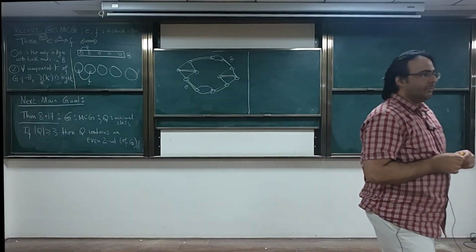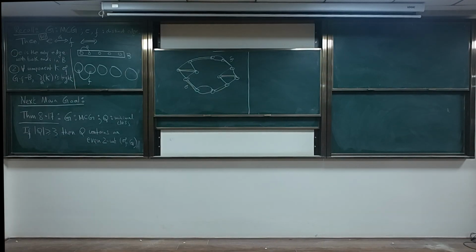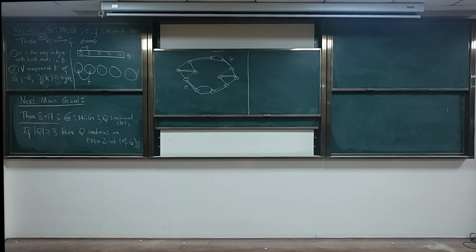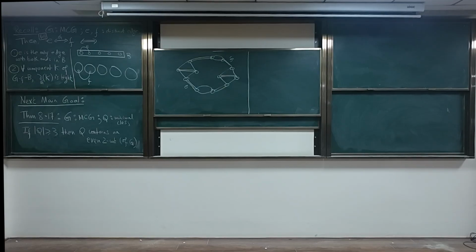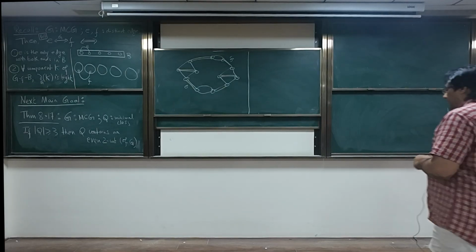What do we know about minimal classes in bipartite matching covered graphs? Singletons. Right? If there is a minimal class, it's a singleton. You can't have a doubleton minimal class in a bipartite matching covered graph.